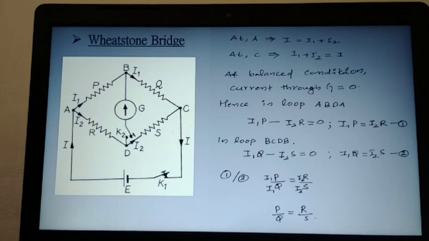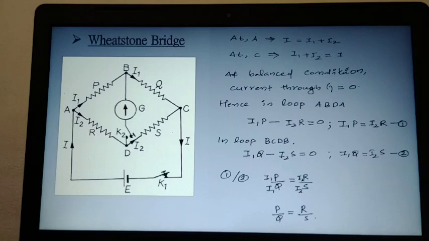voltage rule. When we go for the voltage rule, suppose you consider a loop. At the balanced condition, the current through G is equal to 0, so no current flows from B to D. When you consider the loop ABDA, you are moving in the anti-clockwise direction.